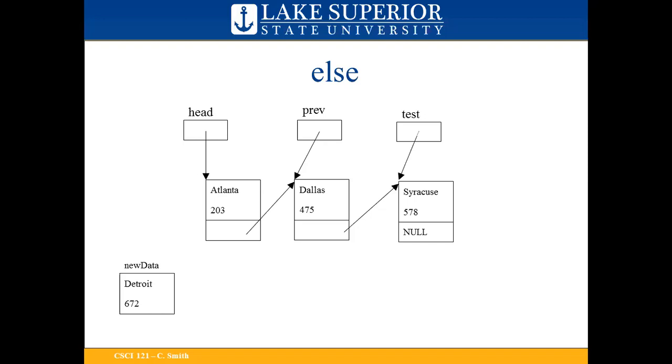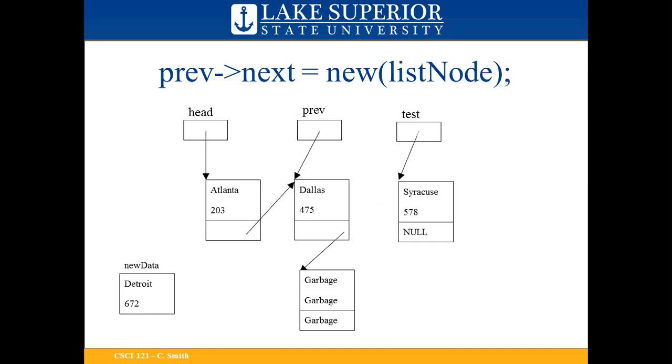And so that stopped the while loop. We're going to need to allocate some space. We're going to need to move some pointers around, and we're going to need to move data into the new space. So we're going to allocate into prev arrow next.